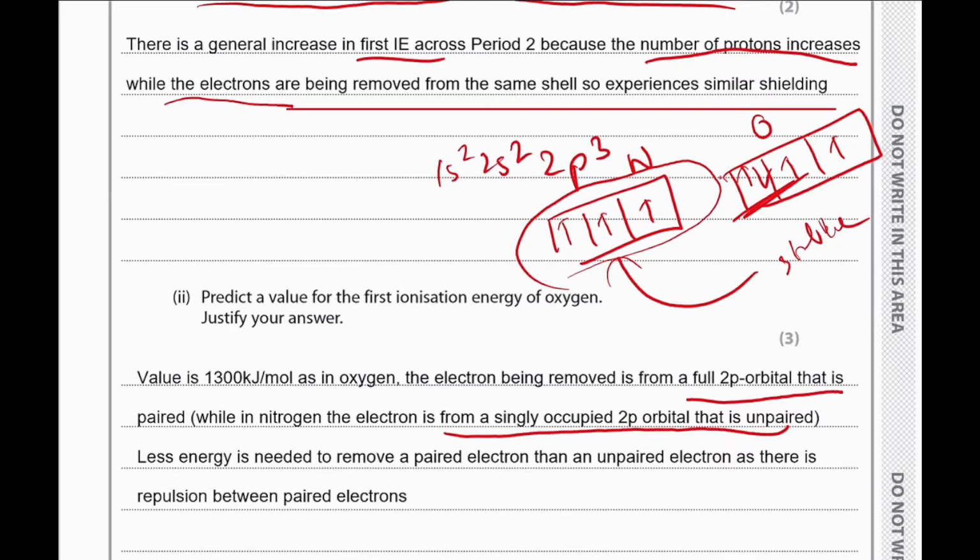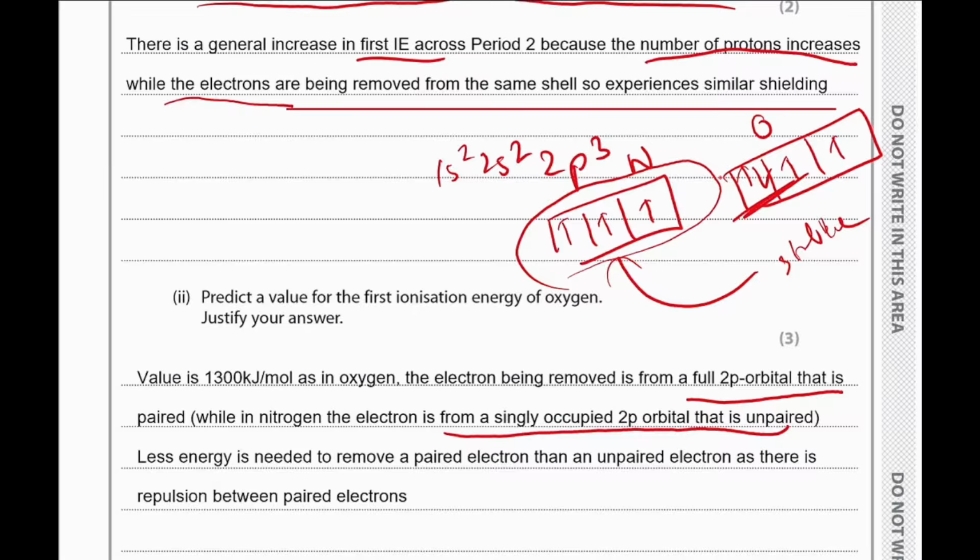This is the more stable form of electron arrangement in any subshell, where all of them are present in an unpaired state. Why are they stable? Because they experience very little repulsion.